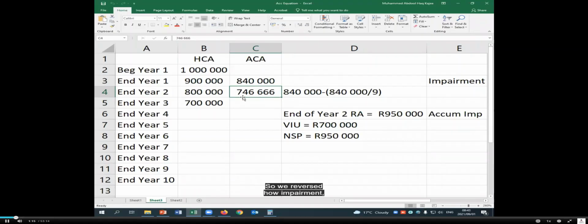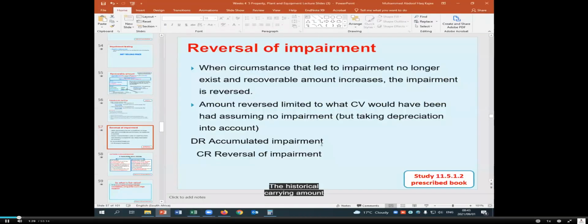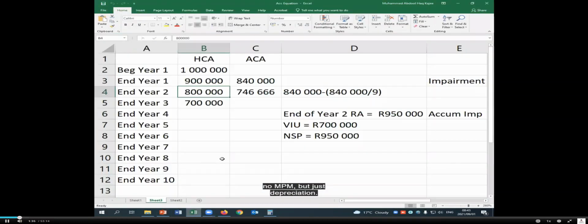So we reversed our impairment, but we didn't reverse it up until the recoverable amount of 950. We were limited to the historical carrying amount. The historical carrying amount is what the carrying value would have been if there was no impairment, but just depreciation.